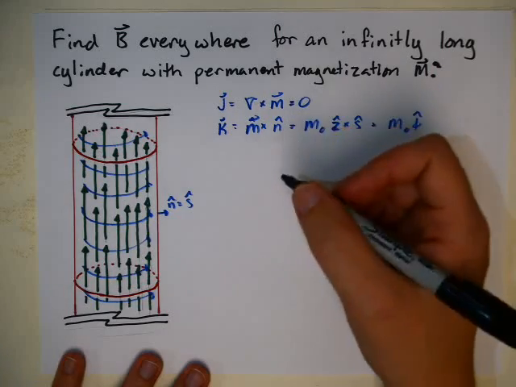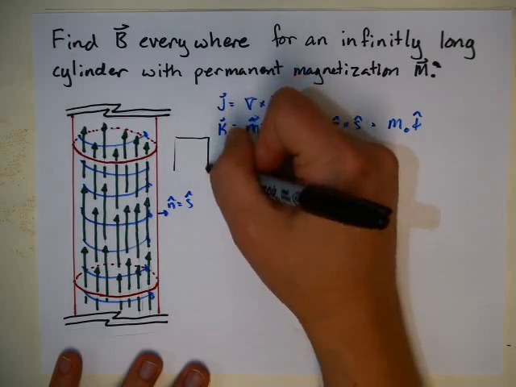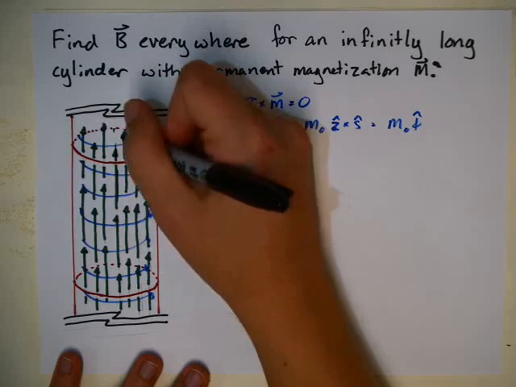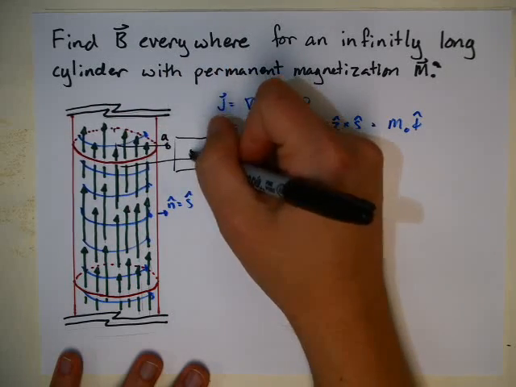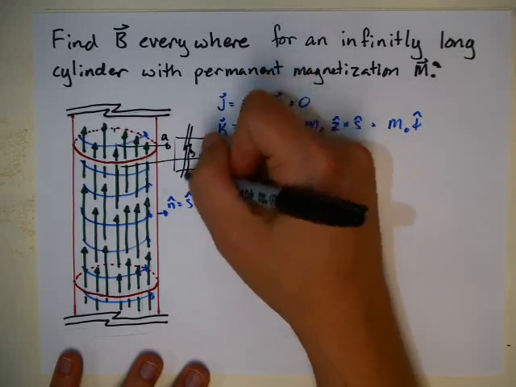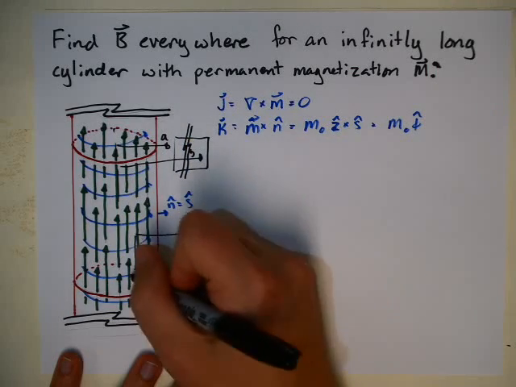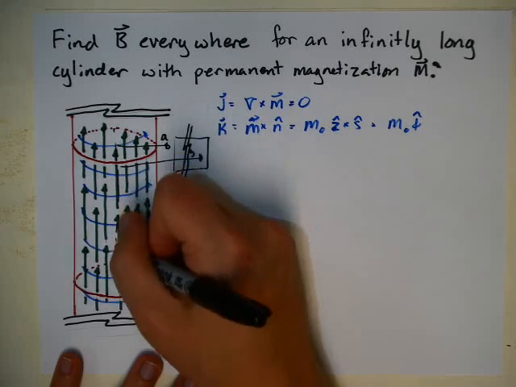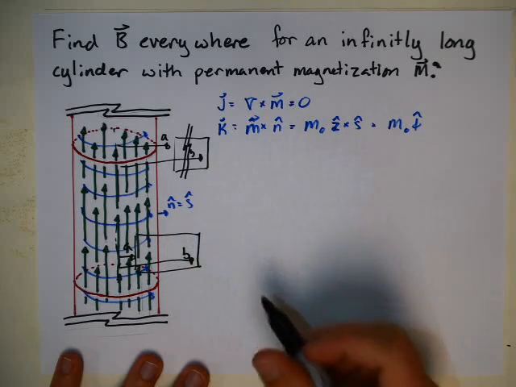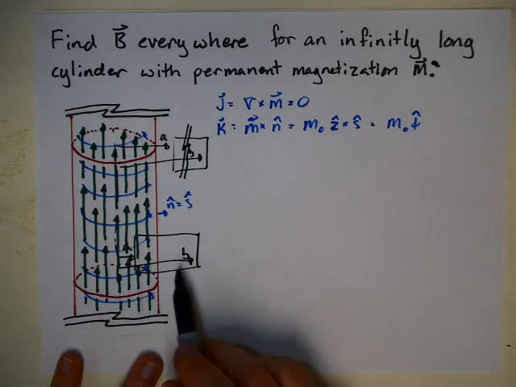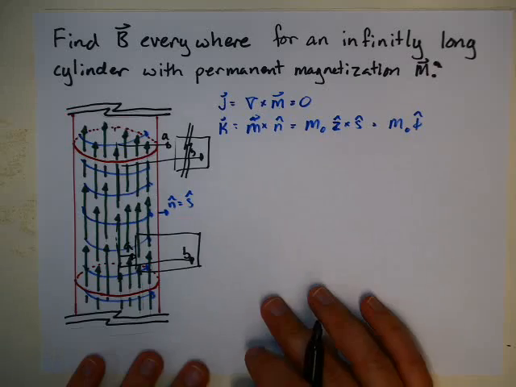And so the two loops that I look at in this case: ideally I look at a loop where one of the radii is at a and the other radius is at b, and we make the assumption that b is much, much farther away than a. And then the next loop we look at has, again, the inner radius at a and the outer radius at b, but now the inner radius is interior to the loop and the outer radius is exterior, as opposed to both being exterior there.